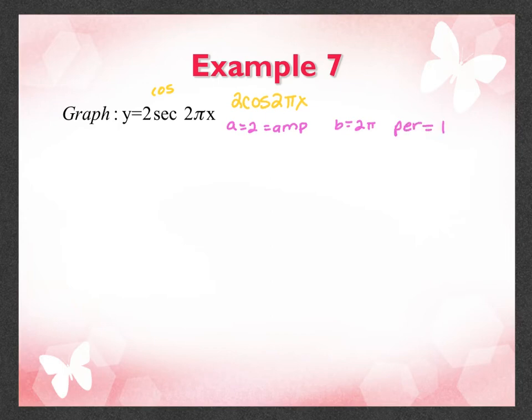There's no phase shift. So I'm going to find my quarter point, which these should be easy, right? Because 1 times a quarter is 1/4. 1 times a half is 1/2. 1 times 3/4 is 3/4. First point is 0. Last point is 1.